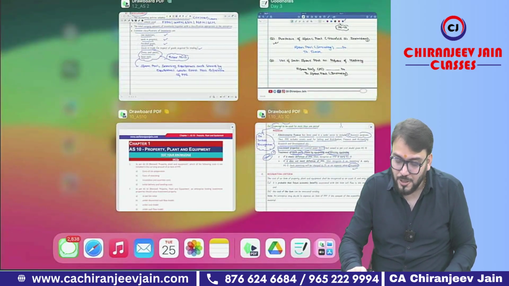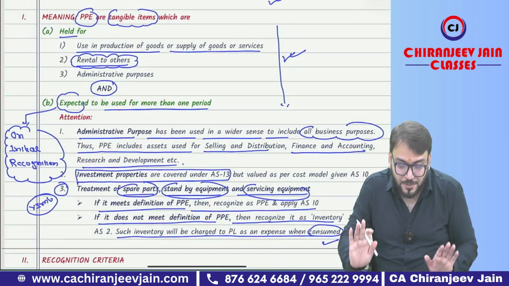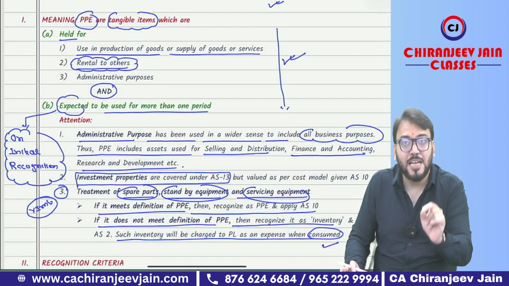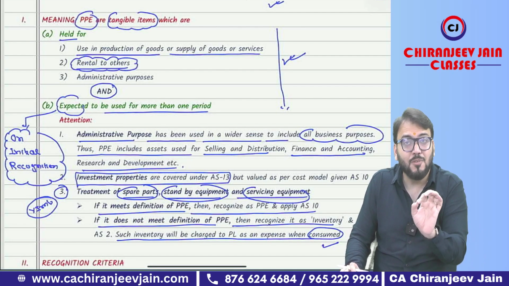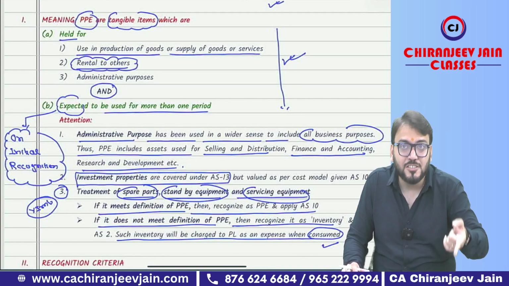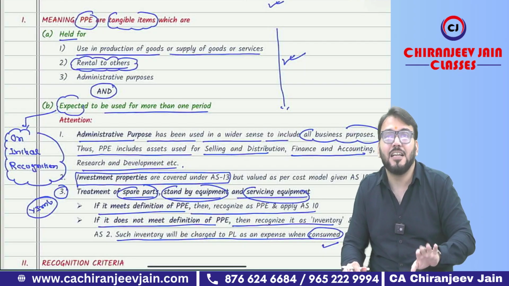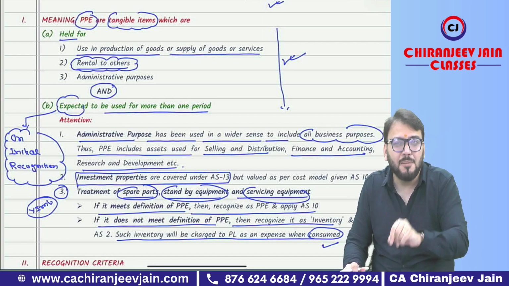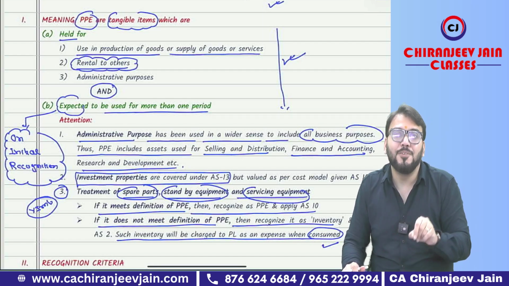Okay, sir. I hope you have understood definition. Today we will do definition only, not more than this. Believe me, today I have taken much time in discussion of time value of money. That was not my part, but I need to discuss that because that will be used in AS10. If I will not discuss that, then you will not be able to understand some concept of accounting standard 10.